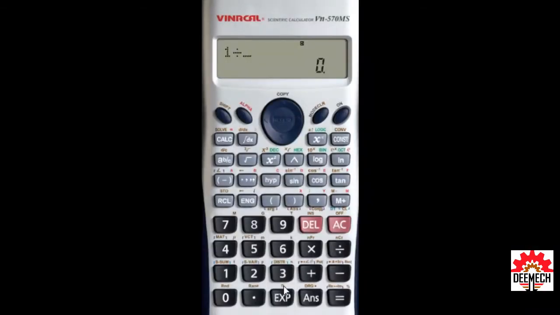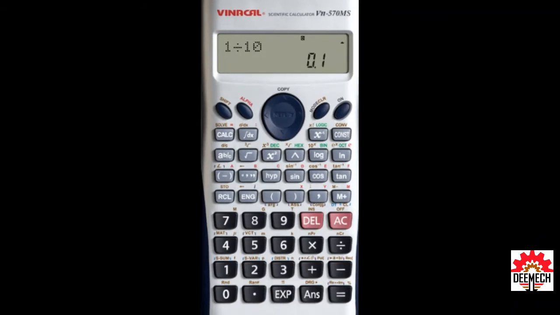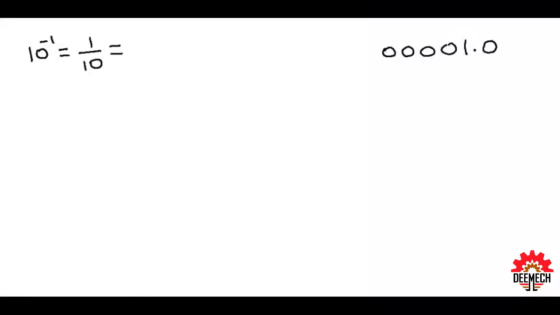For the next set, again I will be writing 1.0. This time I will be adding 4 zeros before 1. First, let us start with 10 to the power of minus 1. It is nothing but 1 divided by 10, which we all know is 0.1. Let us understand from this perspective.